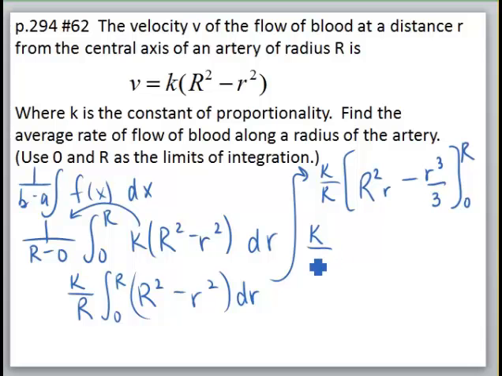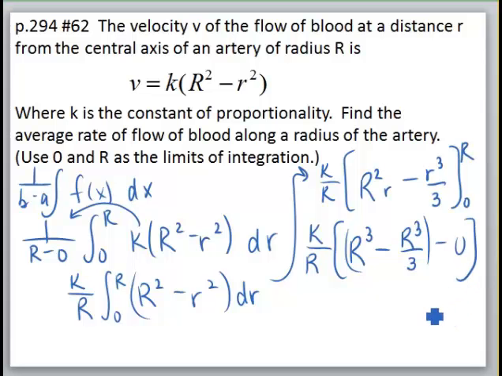So I have k big R over big R. Plug in big R, I get big R cubed minus big R cubed over 3. And then I would just be subtracting off 0 here. So my answer would be 2 big R cubed over 3, which would simplify into 2 big R squared k all over 3.